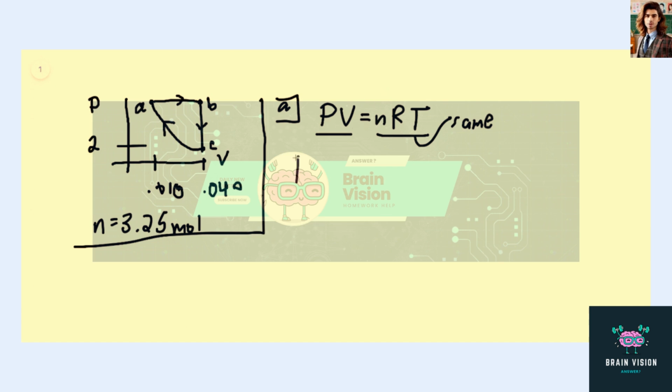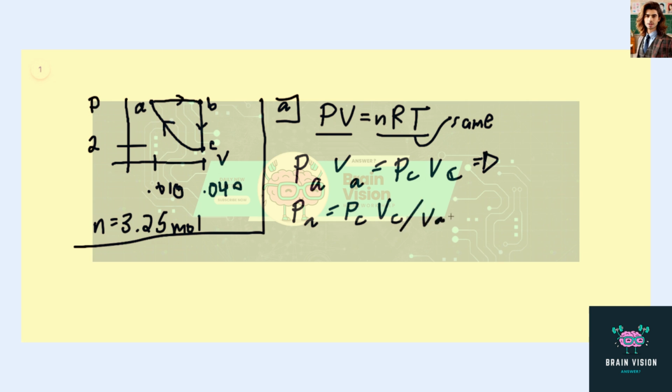So therefore, PAVA equals PCVC, which implies that PA equals PC times VC over VA.